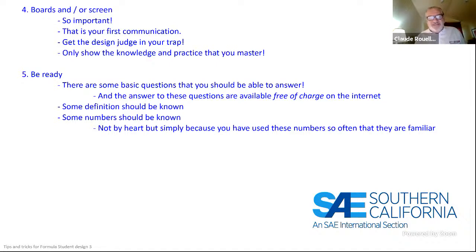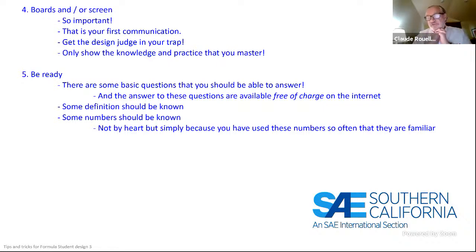The guy looked at me and said, yes. I said, do you know her phone number? I said, don't worry, I don't want to know her phone number, but do you know it? He said, yes. I said, okay, good. Because if you tell me you have a girlfriend, but you don't remember her phone number, that means you are not really in love with her. Well, guess what? If you have to flip the pages of your binder to find one specific number, it means to me that you are not in love with your project.